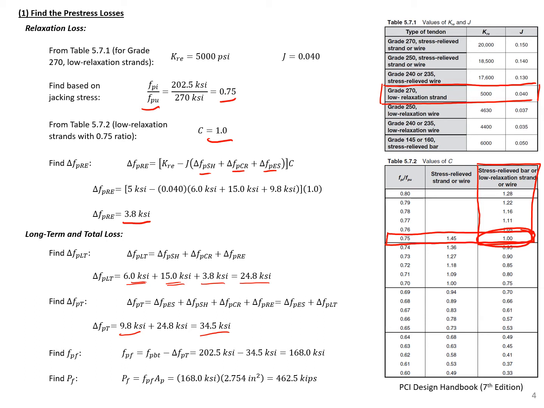We can then take the stress in the strand before transfer minus our total loss to get the strand stress after all losses, and take that times the area of our pre-stressing to get the final force in the pre-stressing, P sub F. And we'll use this pre-stressing force when finding our stresses due to our sustained loads and also our stresses due to our service loads.